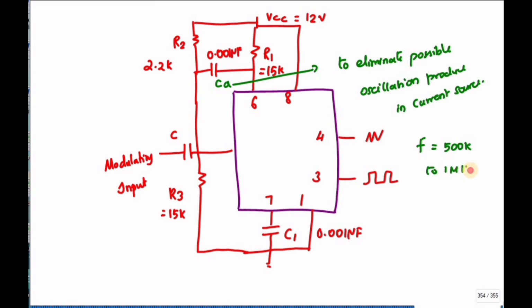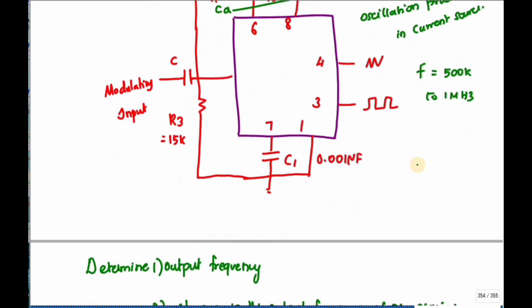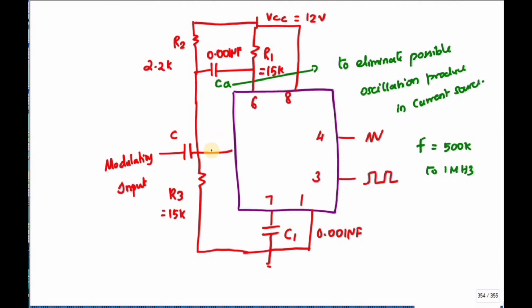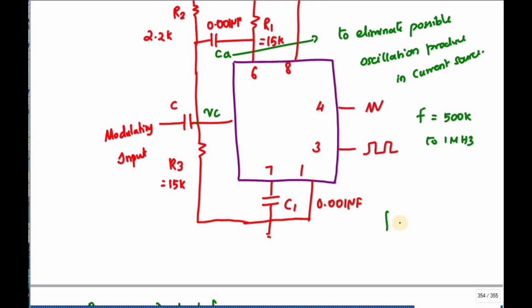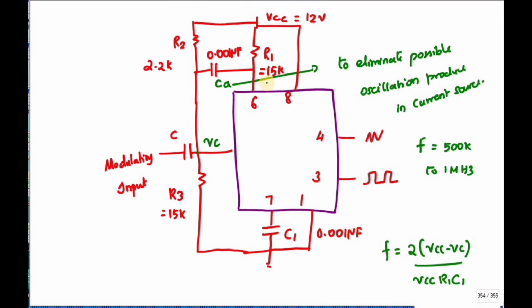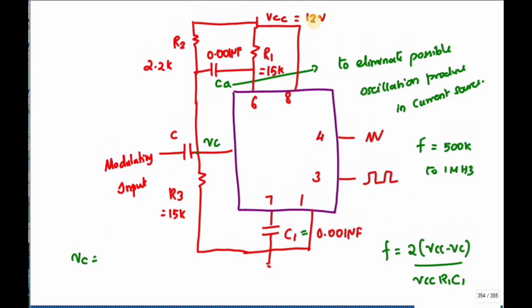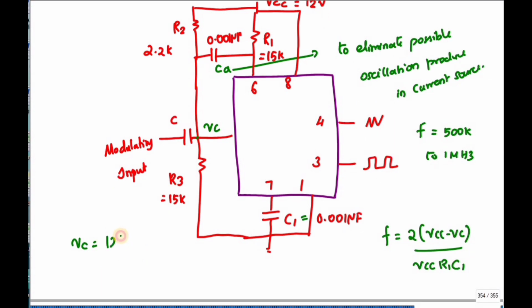Okay, so this is my VC, and they are asked to find the output frequency. So F is equal to 2 into VCC minus VC divided by VCC into R1 C1, and C1 value is 0.001 microfarad, VCC is 12 volt, and VC is nothing but 12 volt into R3, that is 15K, divided by 15K plus 2.2K.